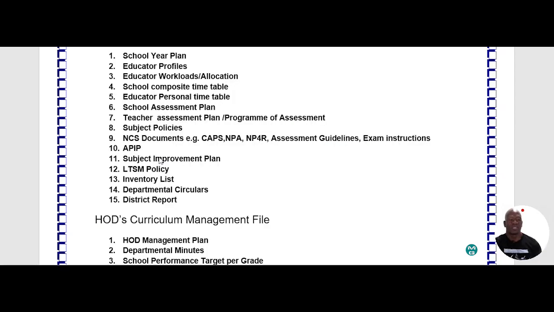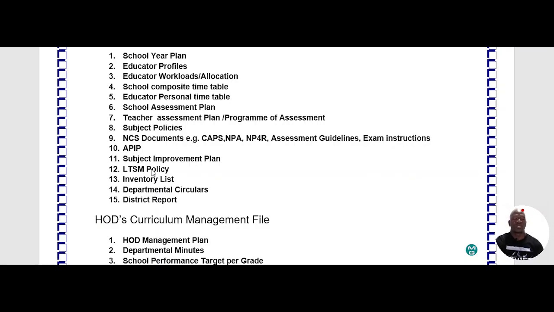Right? Moving right along, we go to the next one, which is the LTSM policy. As you can see there, number 12. The LTSM policy is one of the documents that should be in the HOD file in terms of how LTSM related matters must be dealt with in the department.